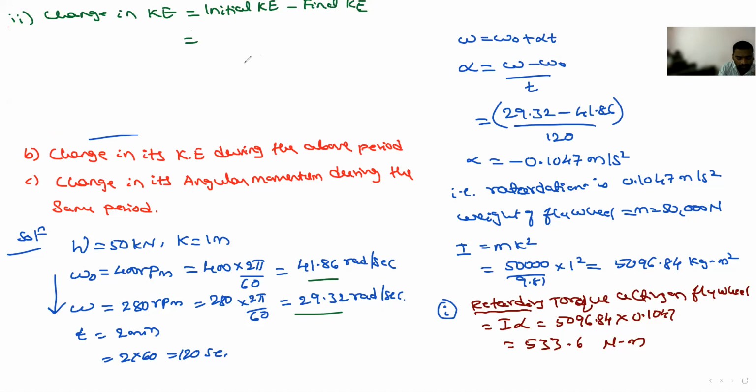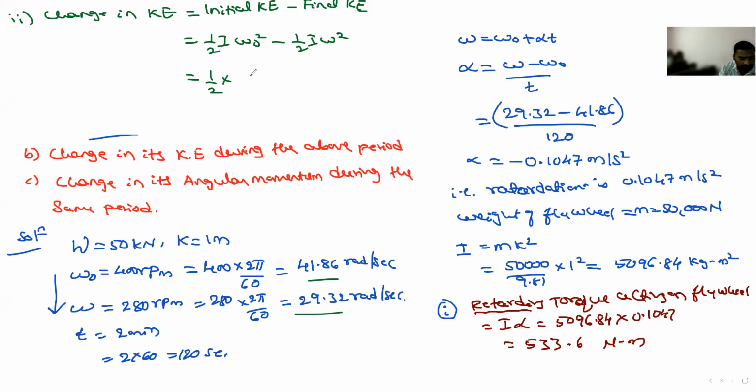What is the kinetic energy formula? Half m v square in terms of linear. It is rotating, so half I omega square. Half I omega naught square minus half I omega square. I is common, and half is common.